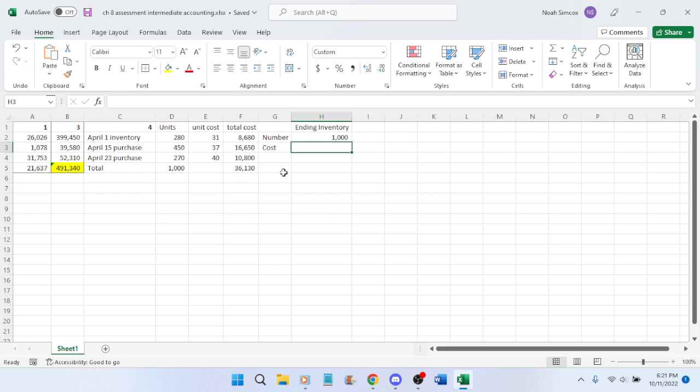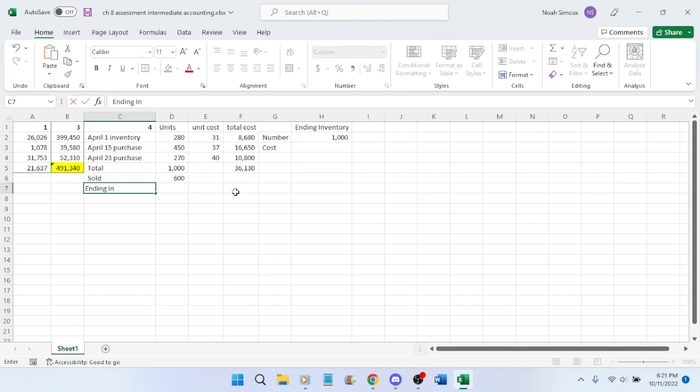So, ending inventory is, now they sold 600 units. Now we have to figure out the cost. We have the ending inventory number, 400.